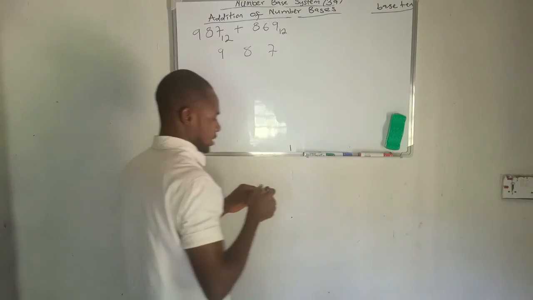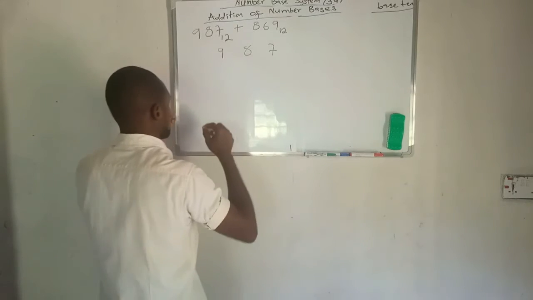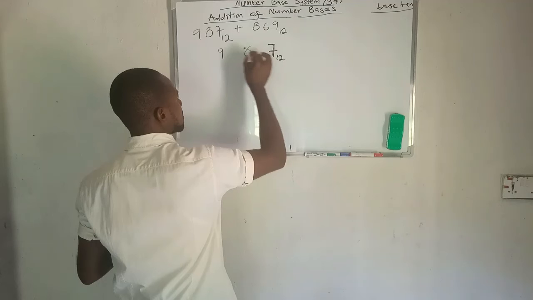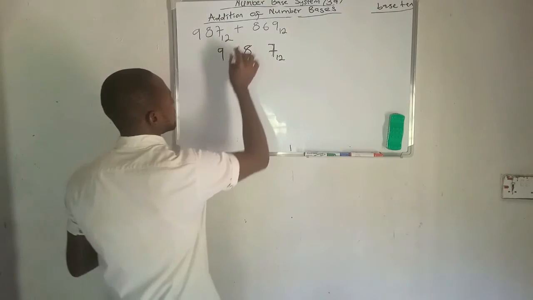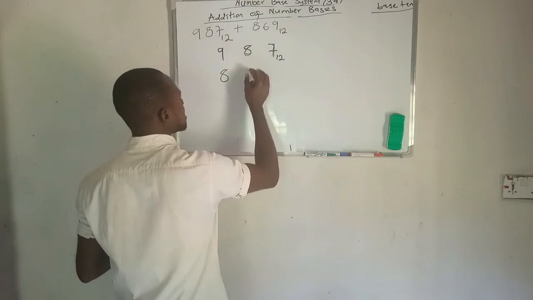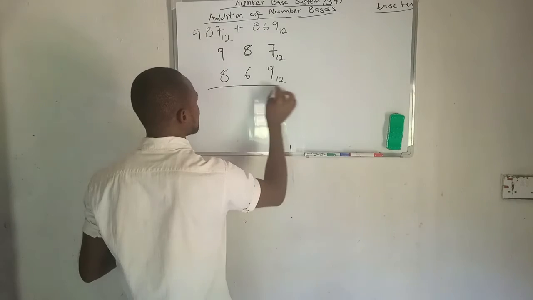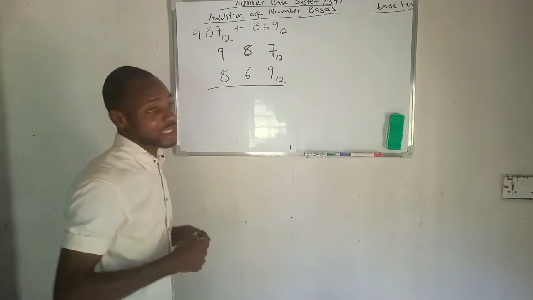So this is base 12. I'll have 9 here. Then we'll have plus 869 base 12. And then, so I have 7 plus 9, which is 16.